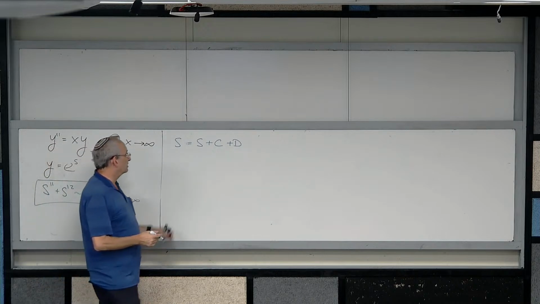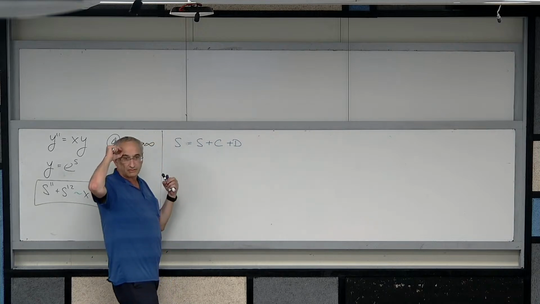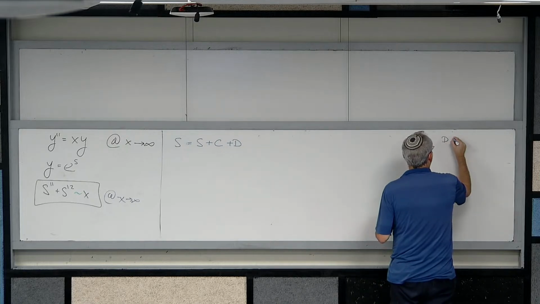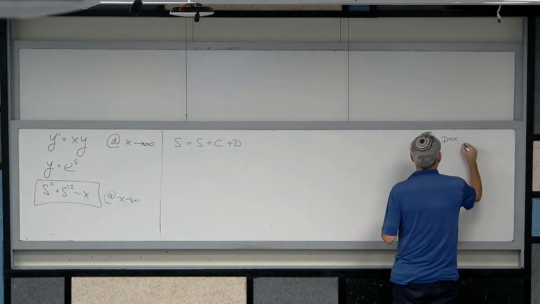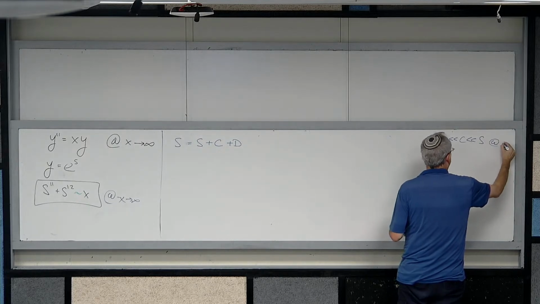But I assume that each of them is negligible with respect to the former one, so I assume that D is negligible with respect to C, which is negligible with respect to S, as x goes to infinity.